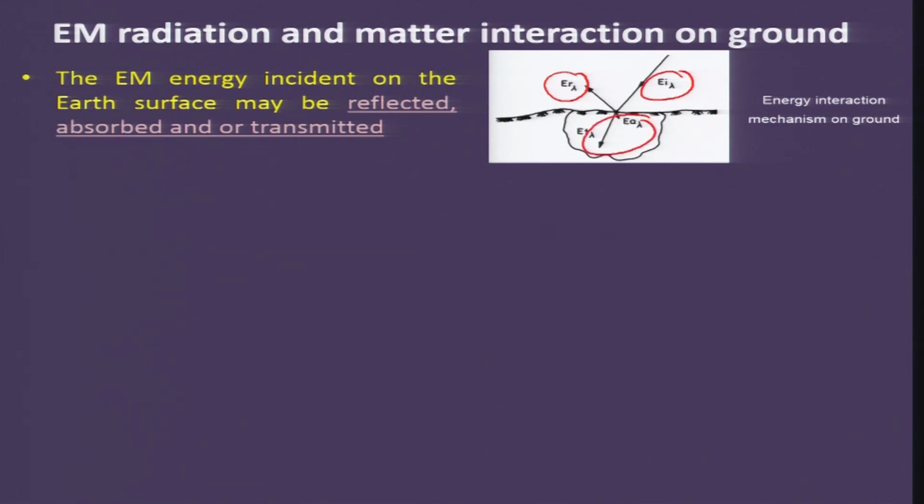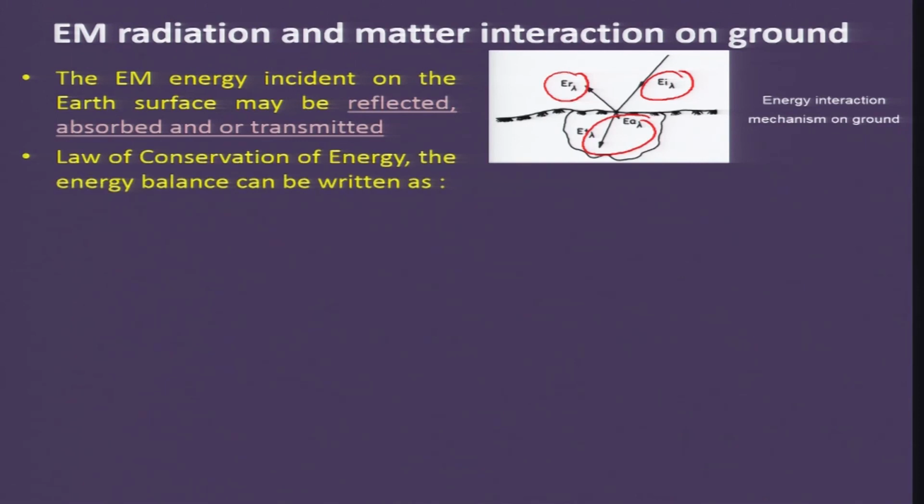So the energy interaction mechanism on the ground will be of this type, and again it depends on the material on which it is incident. By the law of conservation of energy, the energy balance can be written as: the incident energy is equal to the reflected, absorbed and transmitted energy.